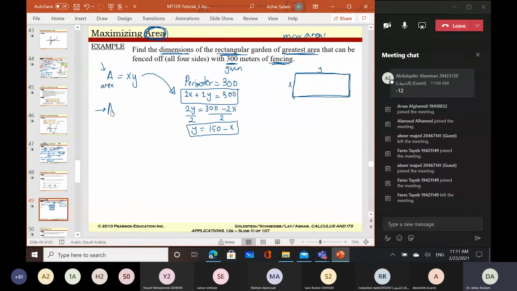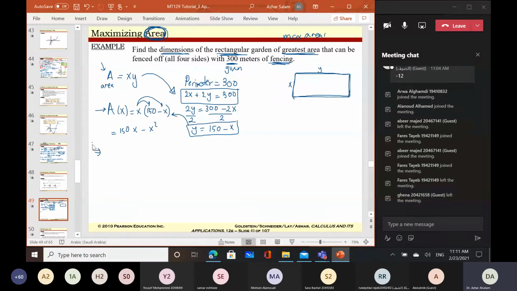I substitute in A of x equals x multiplied by y, which is 150 minus x. To simplify, it will be 150x minus x squared. I just multiply x with this bracket. Now, to maximize this area, to find the maximum value of this area, I have to differentiate and find the derivative.